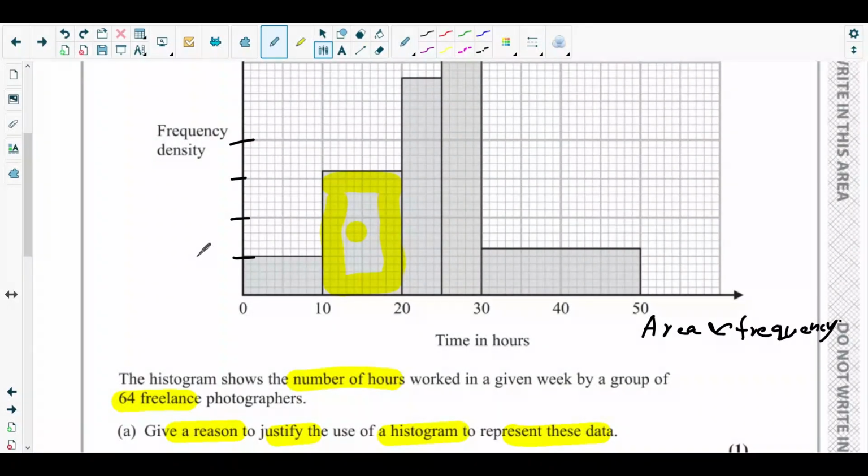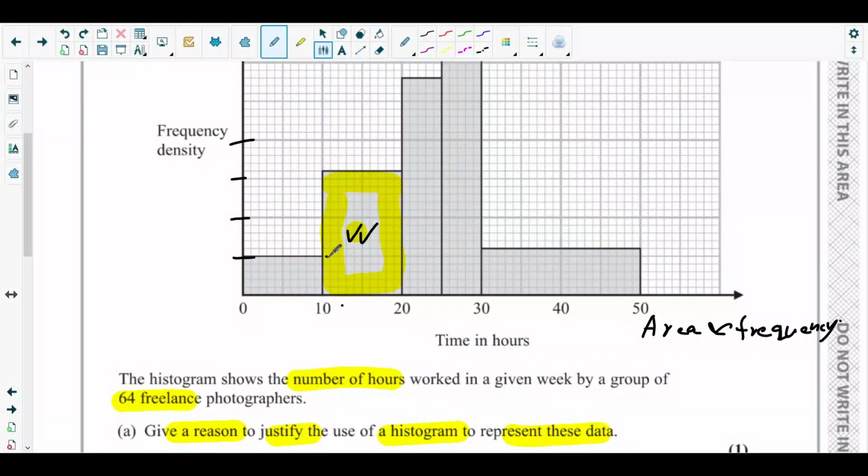So our main work is to find the scale along the y-axis. To do that, we will use this bar. What's the area of this bar? The width is 10, and the height is 3.2.